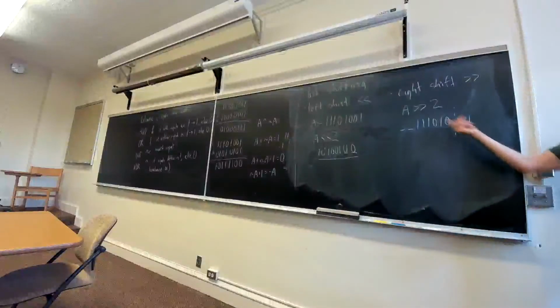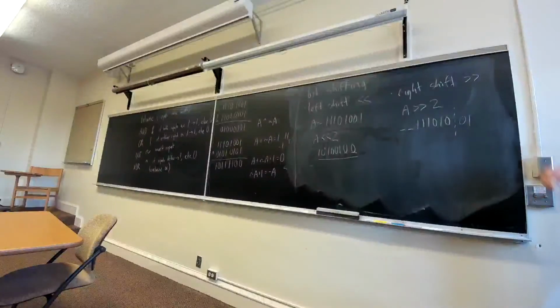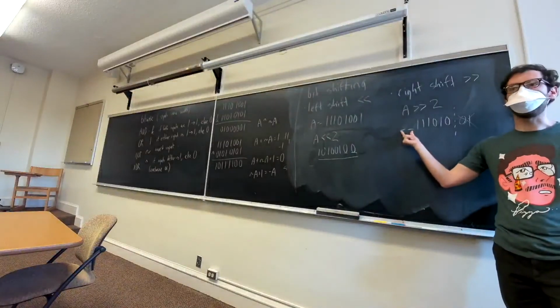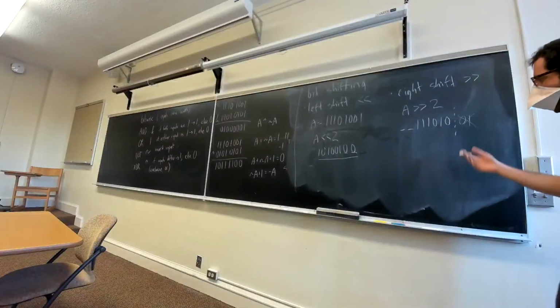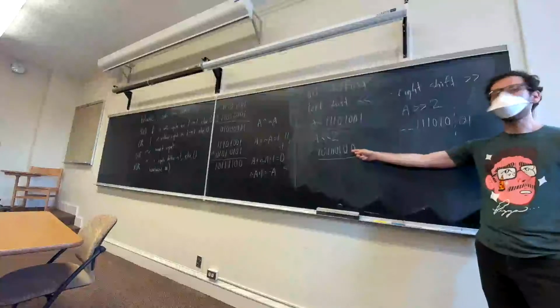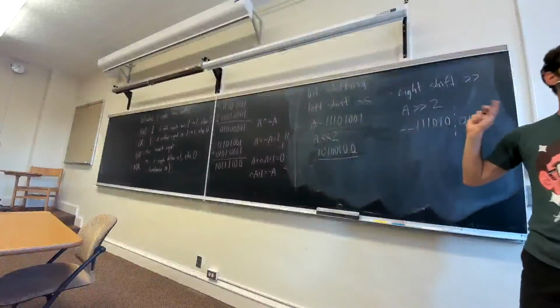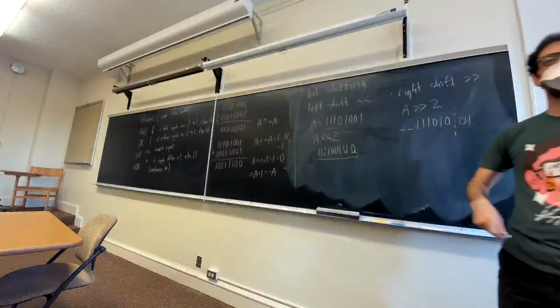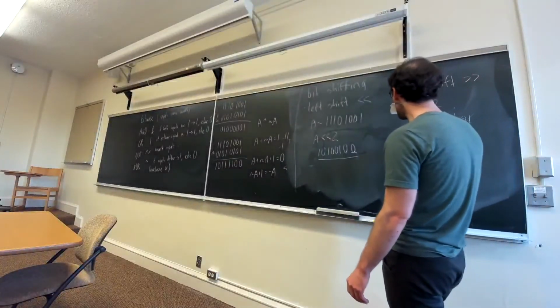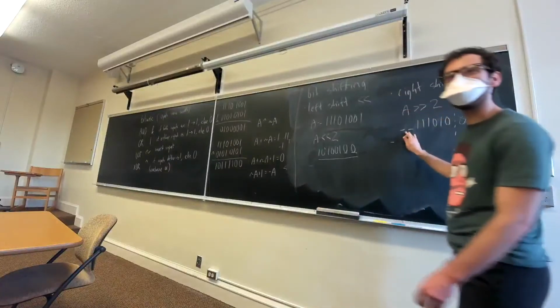We have 2 that are shifted off the right side, which we're going to throw away. And then we have 2 places to fill. In our left shift, we always fill with zeros. Our right shift, that's not necessarily true. We have 2 ways to fill these in.